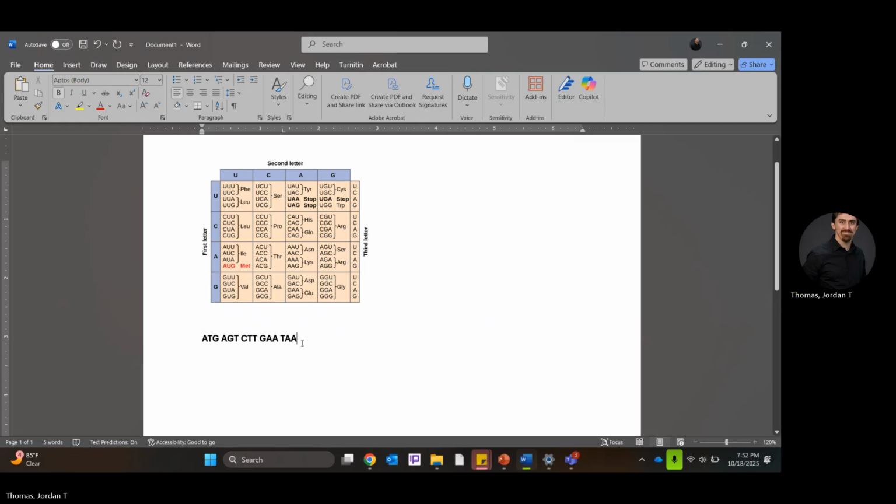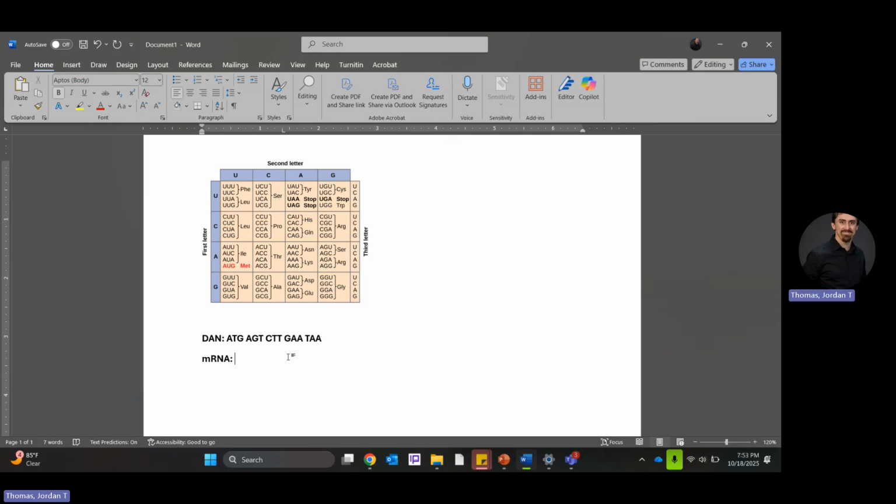So we're going to start that with the DNA. So we have our DNA strand here, and I'll label that here, DNA. What we're going to do is we're going to make mRNA first. So remember, C and G always go together, but A goes to U, T goes to A for mRNA.